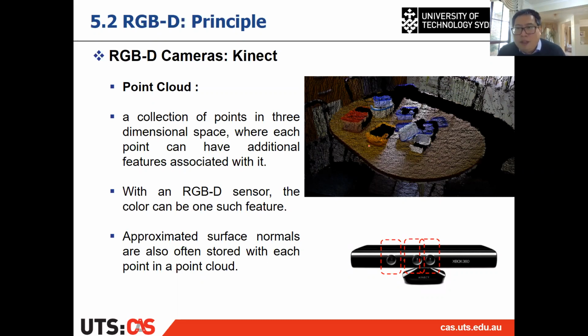Also, because each 3D point has a color from the RGB image, you can present the scene by using a dense point cloud, with each point having a color, as shown in the figure. So that is the point cloud. And we can also calculate other properties for the points in the point cloud, for example the normals of the surface. So that is the point cloud we always use with the RGBD camera.